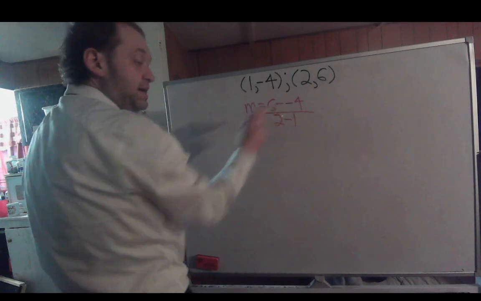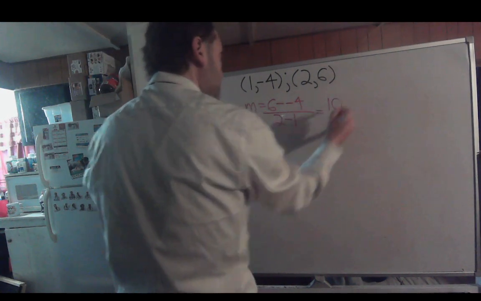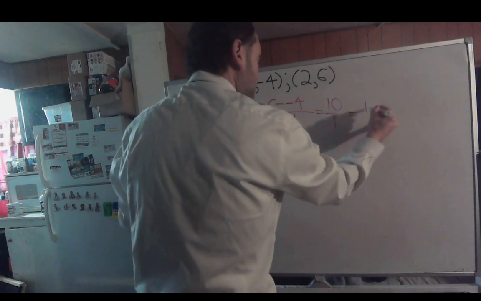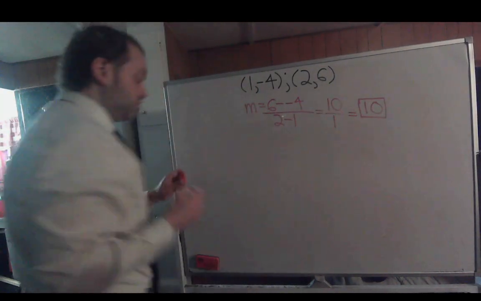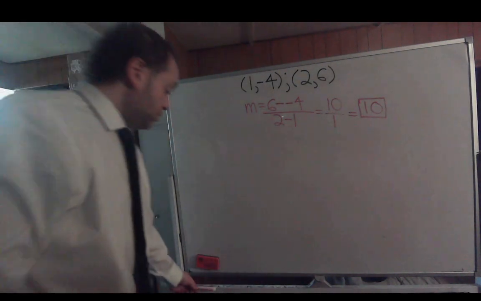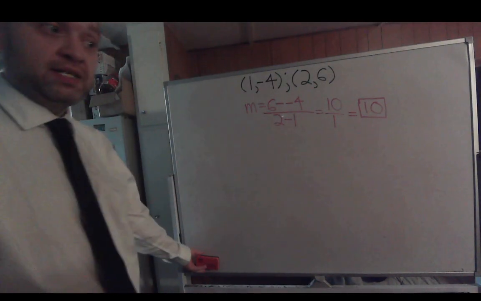Well, 6 minus negative 4 is 6 plus 4, that would be 10. Over 2 minus 1, that's 1. So the slope of this line would be positive 10, which means the line would rise from the left to the right since you have a positive slope.